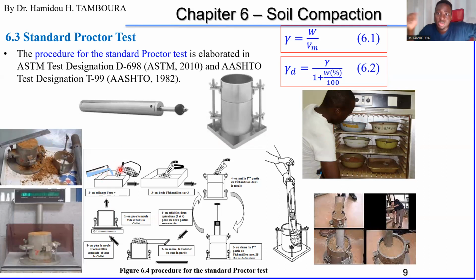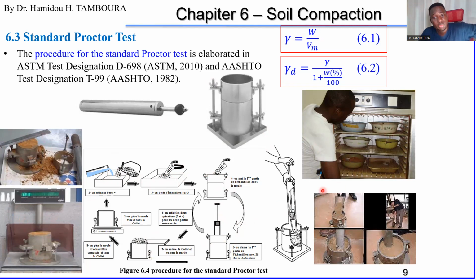And then you continue again. You add more water to this still wet soil, and you mix again very well, and you continue doing three layers, 25 blows for each layer, and come back, make it flat, wait again, calculate the new wet weight. It is supposed to be higher, and take a small amount of soil, put in the oven again.